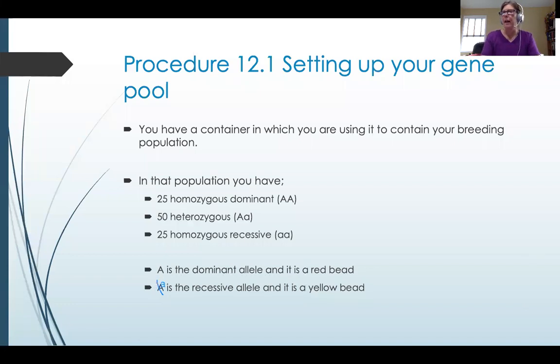So it's asking you how many beads you got to start off with. Now, if I go with my dominant allele, I have 25. That means I have 2 dominant alleles in each individual. I'd change the color if I can figure out how to do that.